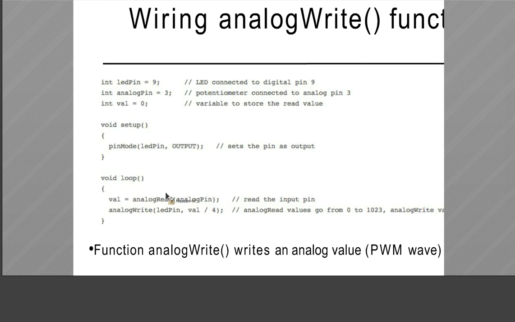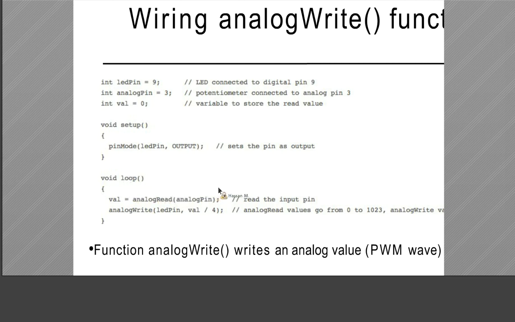In loop, value is analogRead from the analog pin. analogRead and analogWrite are not the same. analogWrite is for pins among D0 to D13: pins 3, 5, 6, 9, 10, 11, but analogRead uses the ADC, A0 to A5 only, okay.